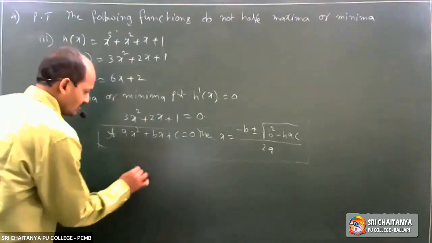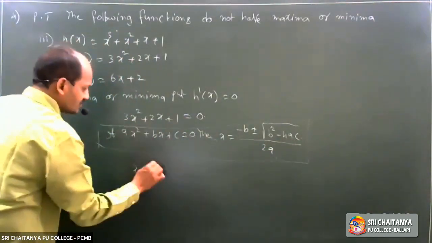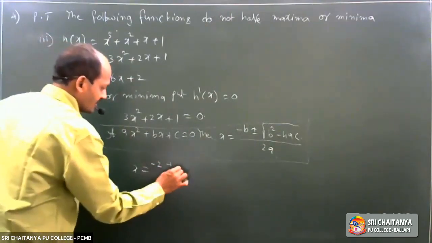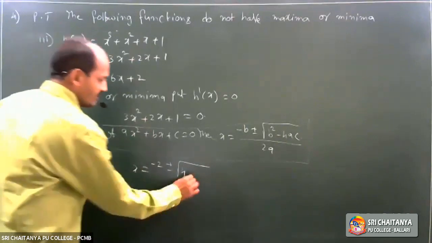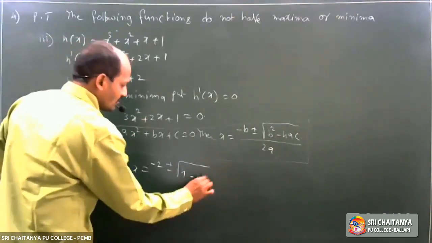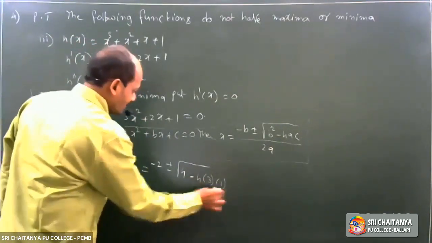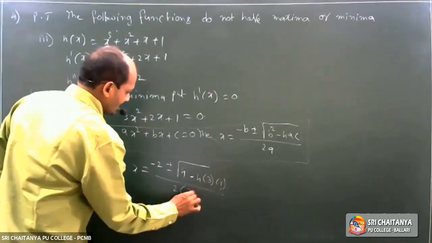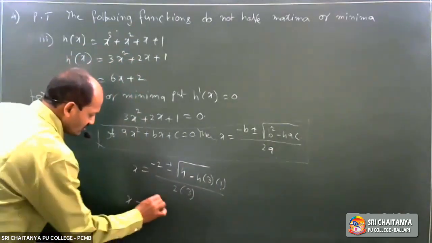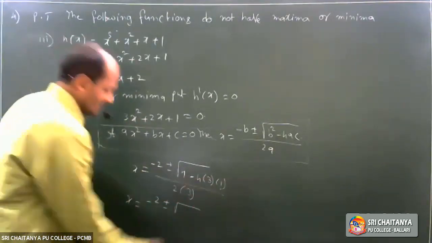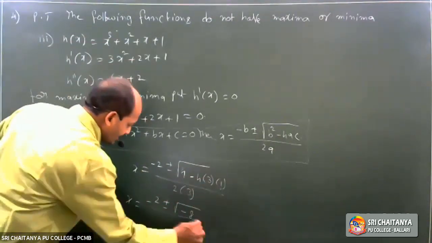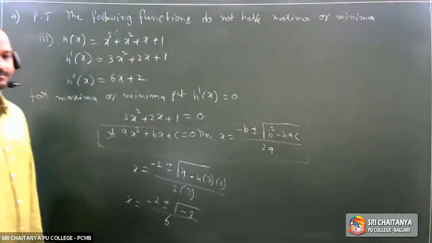Minus b means minus 2 plus or minus root of 4 minus 12, divided by 6, that is minus 8 under the root.